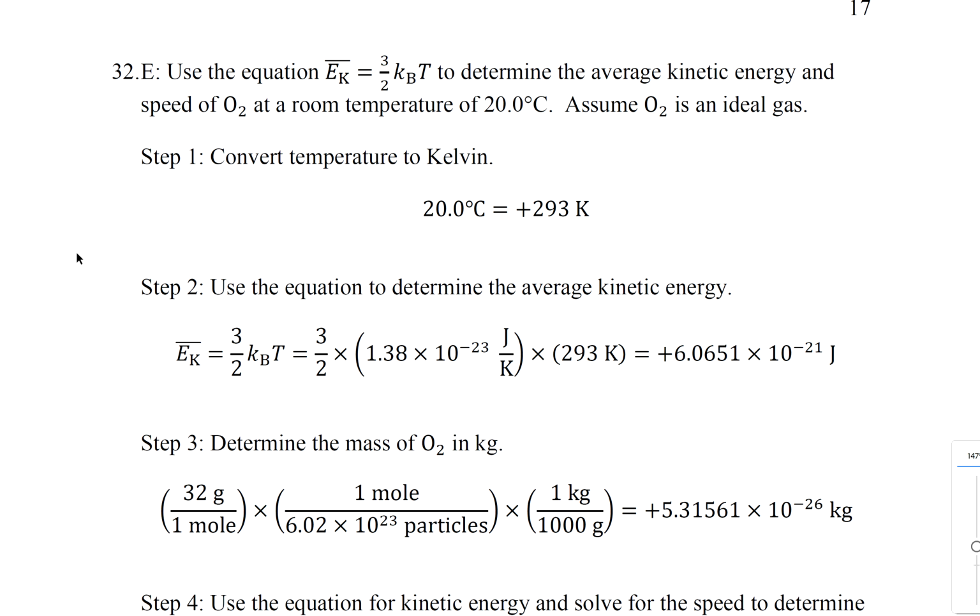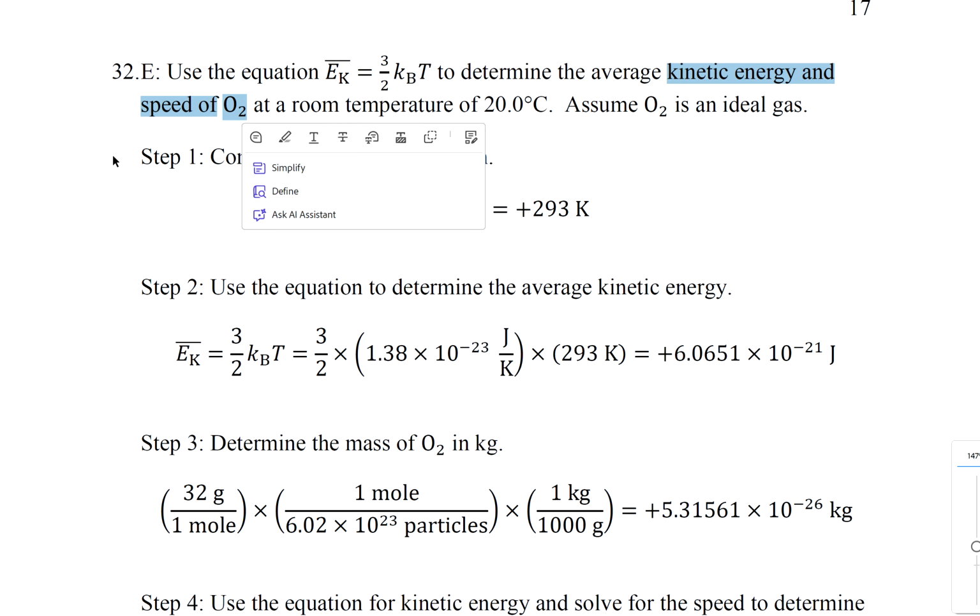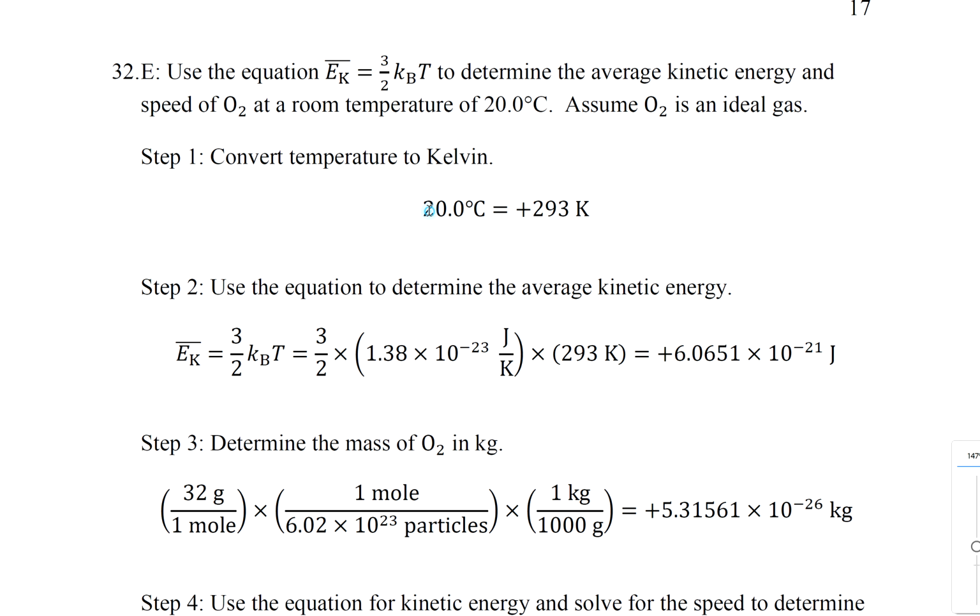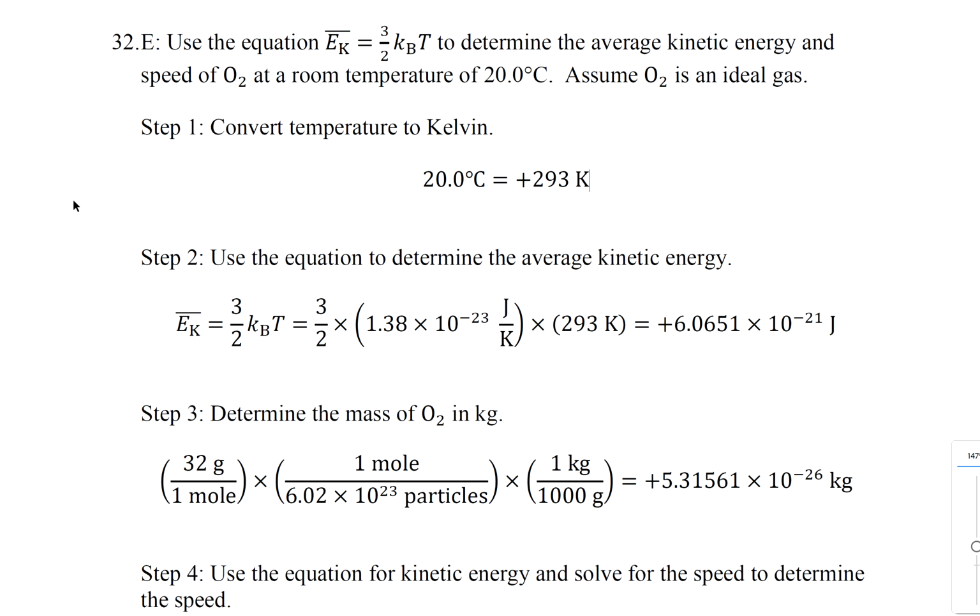So we're going to have to find the average kinetic energy and speed of O2. So step 1, convert degrees Celsius to Kelvin. Step 2, determine the average kinetic energy, which is what they wanted us to do.